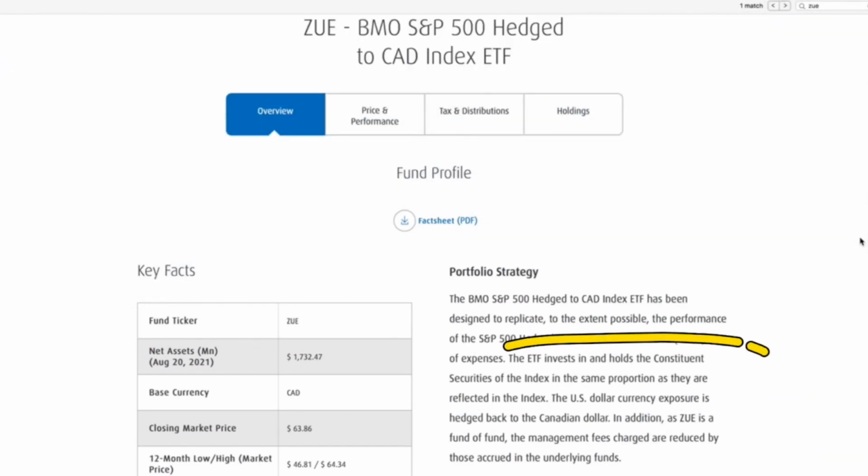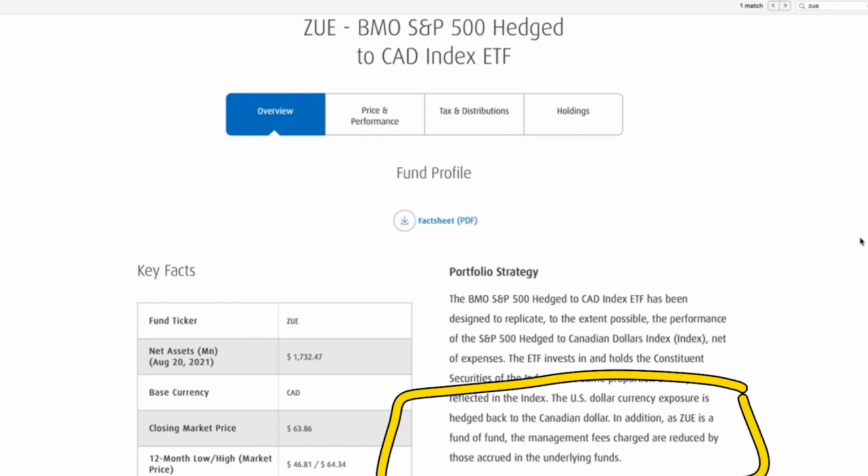The ETF invests in and holds the constituent securities of the index in the same proportion as they are reflected in the index itself. The US dollar currency exposure is hedged back to Canadian dollars. In addition, as ZUE is a fund of funds, the management fees charged are reduced by those accrued in the underlying funds.